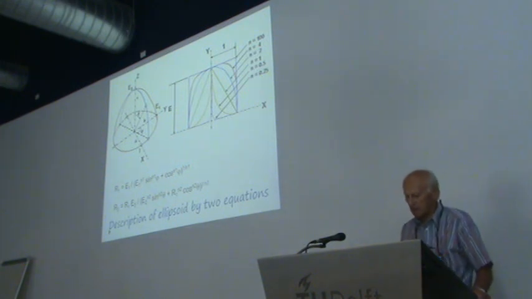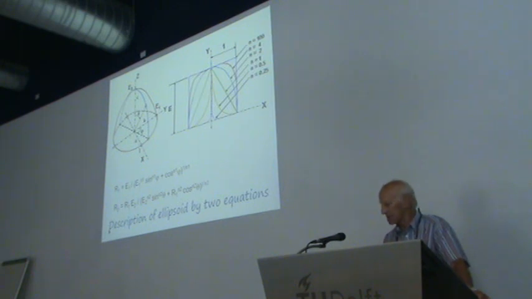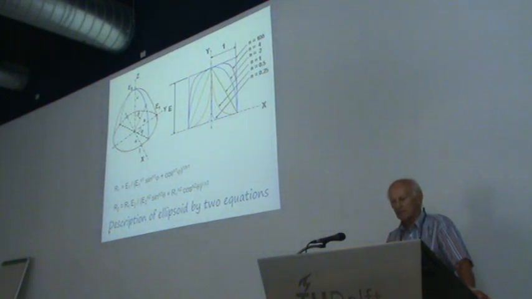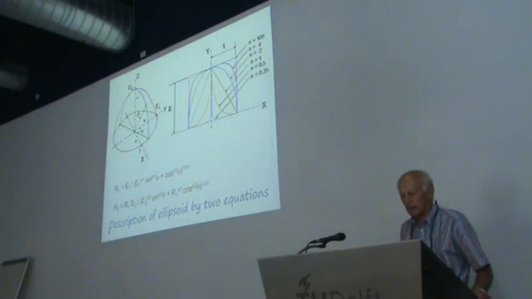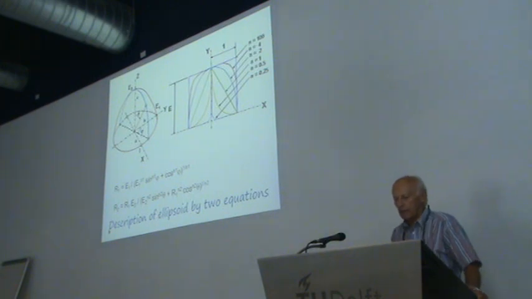It is generally described by an ellipsoid, generally described by two equations. These are the ones on this page, where E1 and E2 may be different or equal. These are the extensions, so to say, the length of the axis.